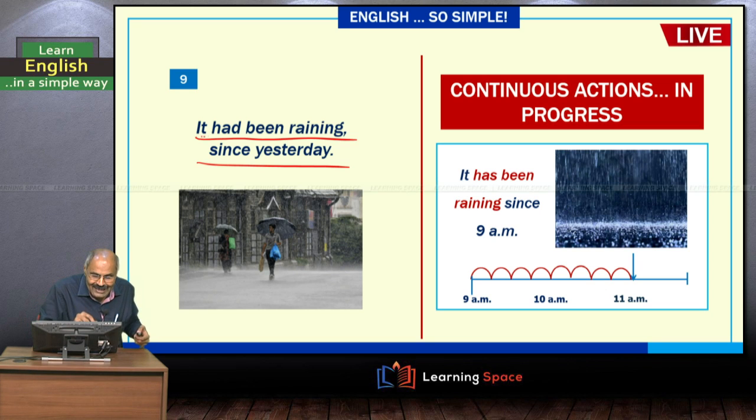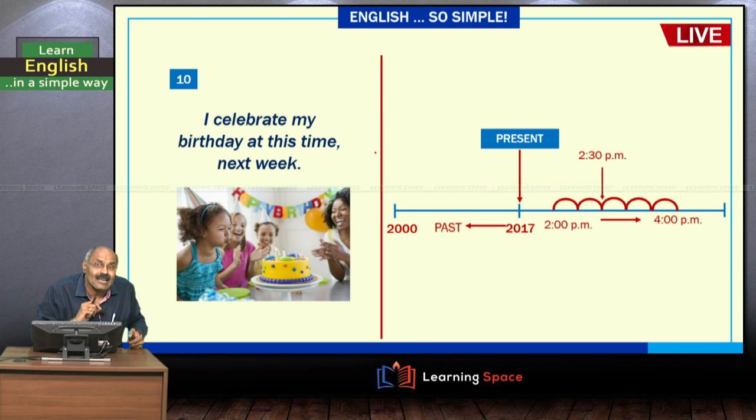So, it has been raining since yesterday, which was the example we discussed in the first or second lecture. Continuous actions still in progress take this type of verb form. "It had been raining since yesterday" is wrong; "It has been raining since yesterday" is right.